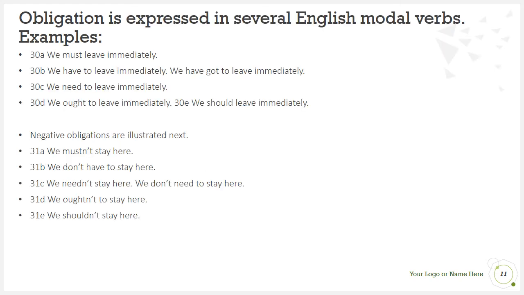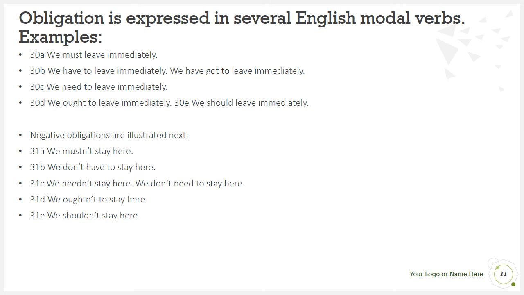Obligation is expressed in several English modal verbs. Examples: we must leave immediately, we have to leave immediately, we have got to leave immediately, we need to leave immediately, we ought to leave immediately, we should leave immediately. These verbs express different degrees of obligation, but different speakers of English probably do not agree on their relative rank.